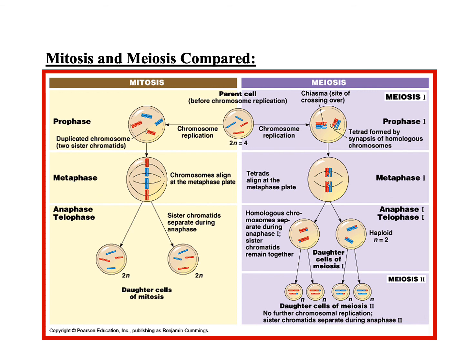In meiosis, however, what you have is a little different situation taking place. You start off with a diploid cell as the parent cell. The end result of meiosis, both meiosis I followed by meiosis II, is four daughter cells that are haploid.